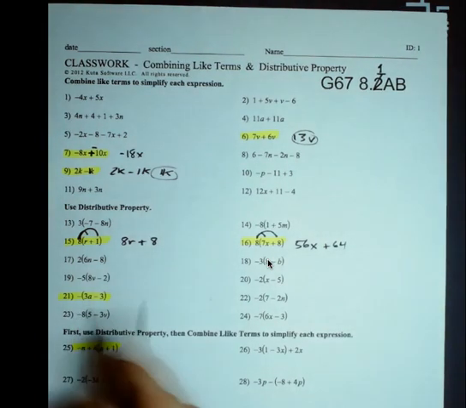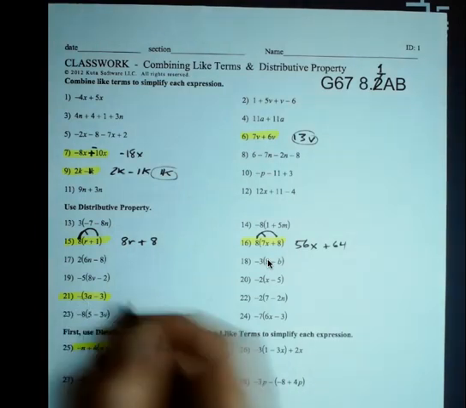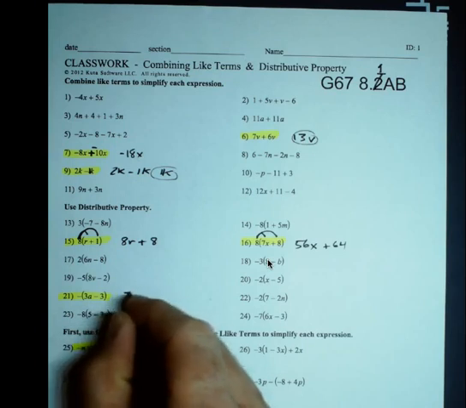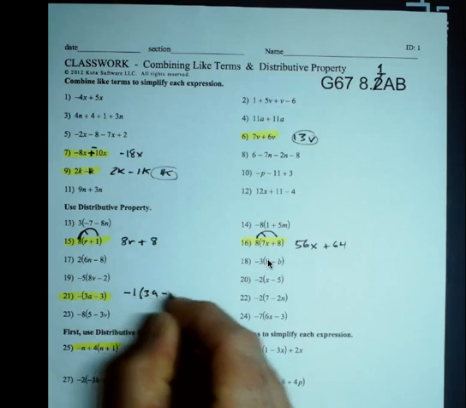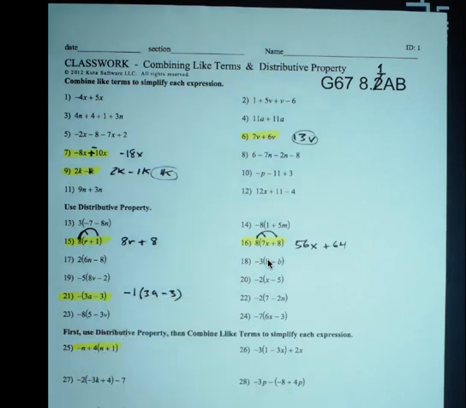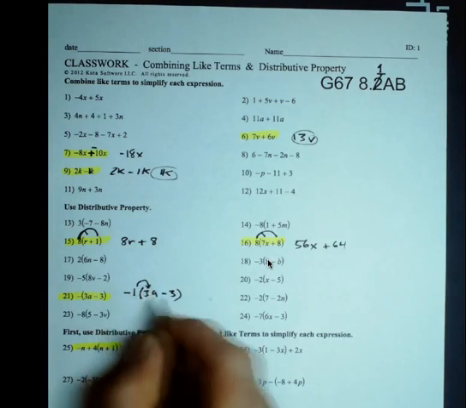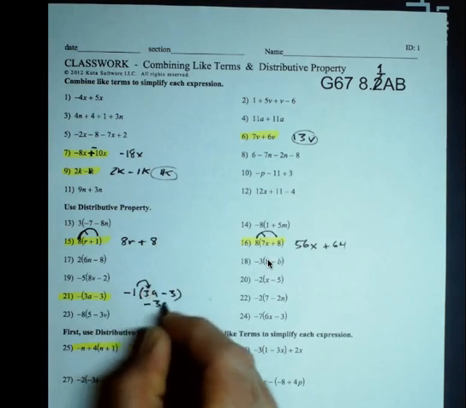Now things get a little more complicated down here. So this says it's a negative 1, really, times 3a minus 3. So I'm going to rewrite that with a 1 in there. Minus 1 times 3a minus 3. Because there's a 1 there, you can put 1 there. All right, it helps me. So now I'm going to take a minus 1 times 3a. So that gives me a negative 3a.